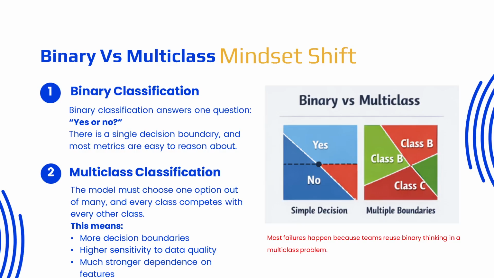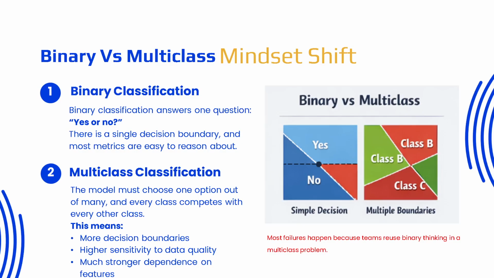But in multi-class classification there are more than two classes. This is one mindset shift you need to understand, because multi-class classification chooses one option out of many.